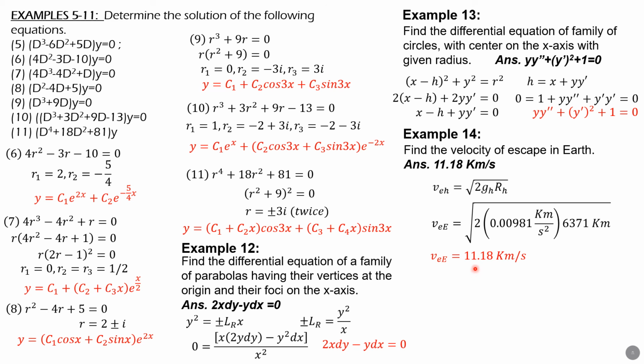So I hope you can imagine that. That's how fast the speed of, let us say, a space rocket, 11.18 kilometers in just 1 second in order to escape from the Earth, or else it cannot escape, it will go back.